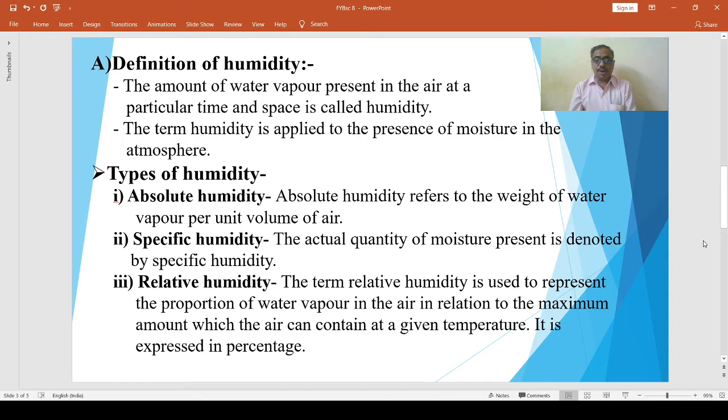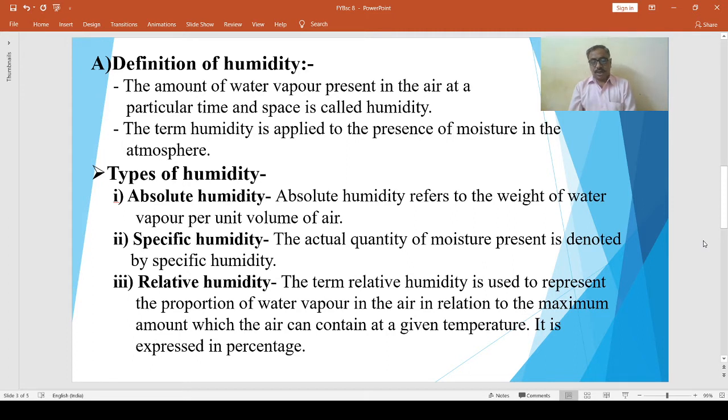When absolute humidity and humidity capacity of the air are the same, the air is said to be saturated and relative humidity becomes 100%. Relative humidity of air changes according to the season and the time of the day. Between 30 degrees north and 30 degrees south latitudes, relative humidity is higher in summer than in winter.